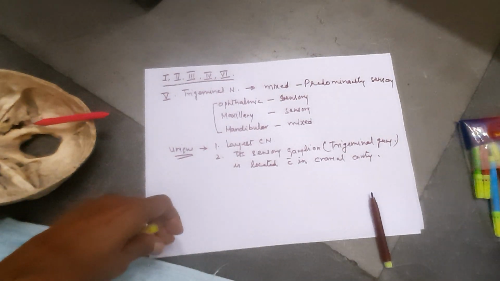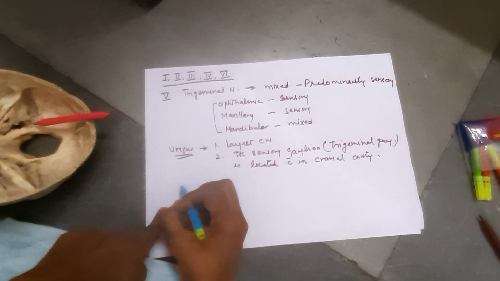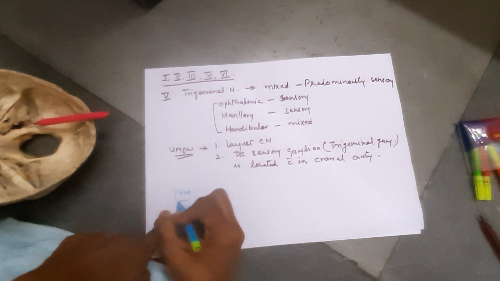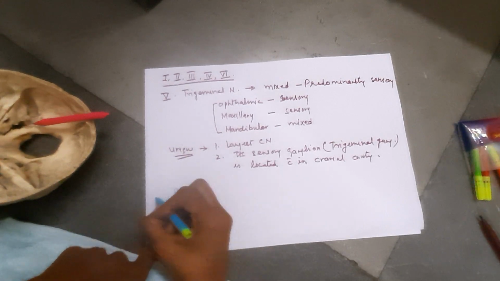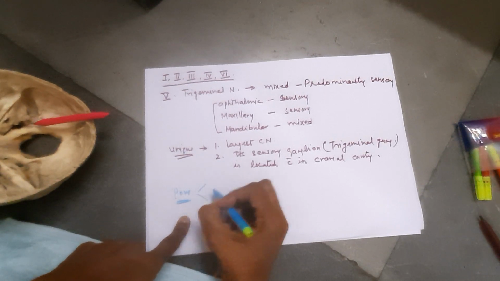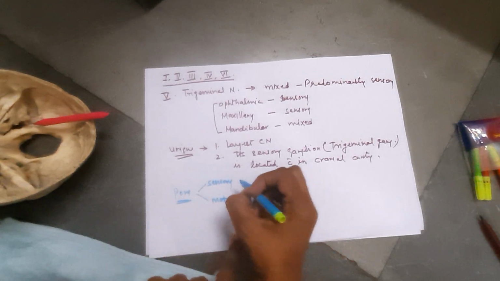Now where does it arise from? This nerve, the nucleus is situated in the pons, the nucleus lies in the pons. From the nucleus, two roots will arise. One is the sensory root and one is the motor root.